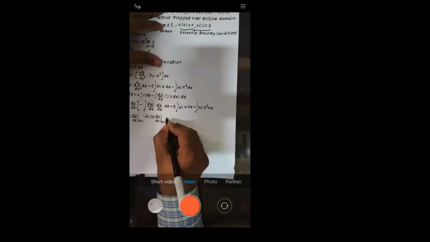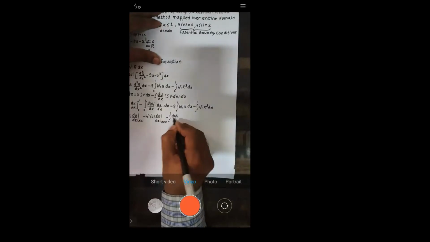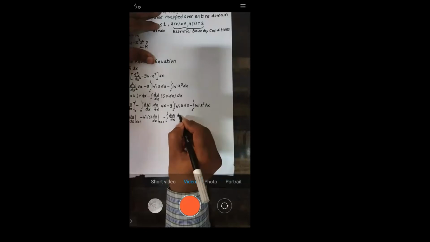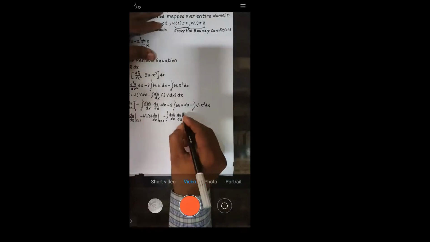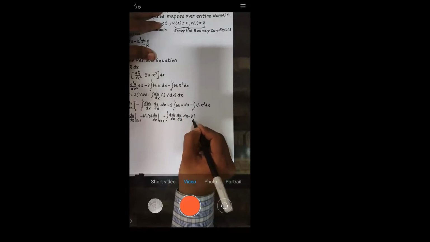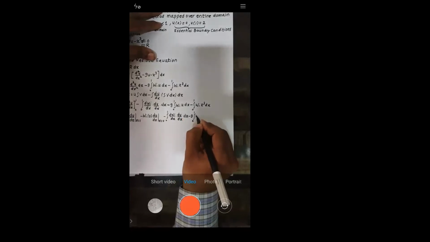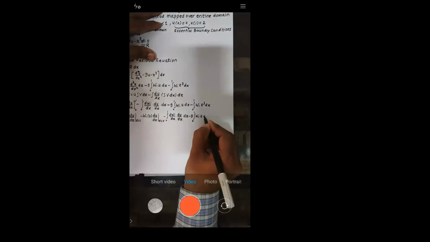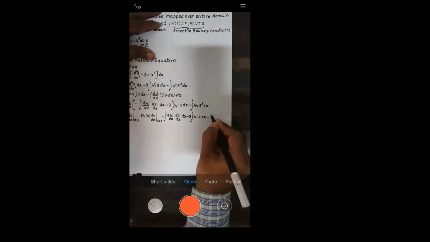So the rest of these three terms, I will write down as it is. It is equal to minus integration 0 to 1 dwi by dx into du by dx into dx, minus 9 integration 0 to 1 wi into u into dx, minus integration 0 to 1 wi into x cube dx.